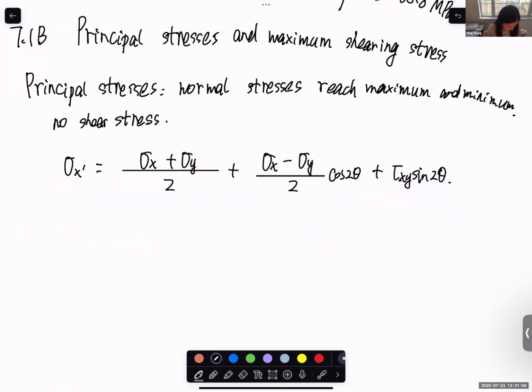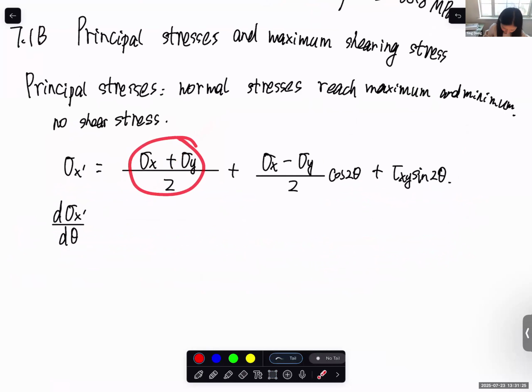We use d sigma x prime d theta. And of course, the first component is gone because there's no theta here. In terms of function of theta, this one is constant. So start from the second term. We have negative, just negative.